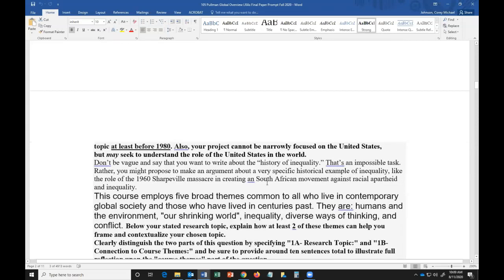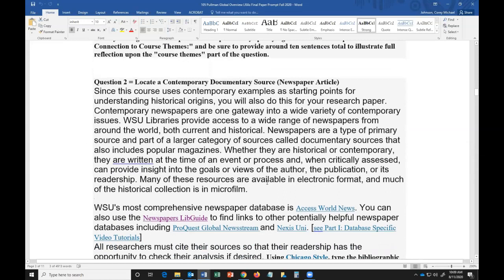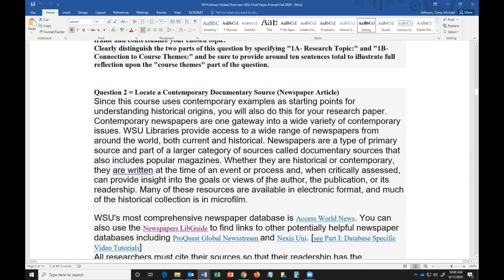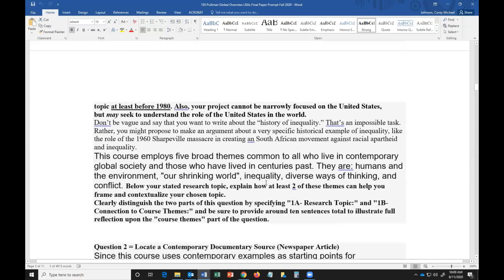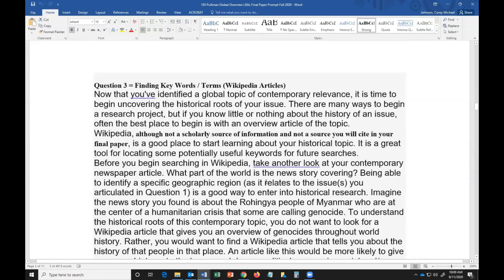Now, as I move down the LRA, you'll notice that there's this second question, finding a contemporary documentary source. And in the template LRA, there's also something here about finding Wikipedia articles as well. I'm not going to talk in this video about Wikipedia. I think most everyone has used it.